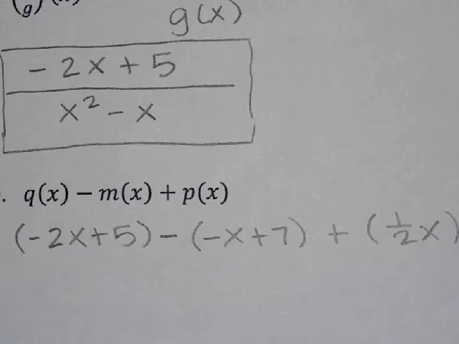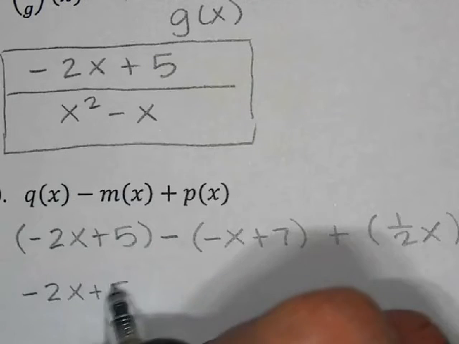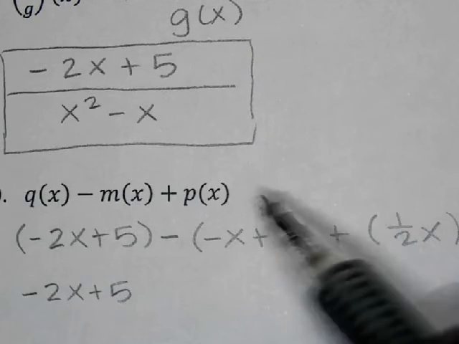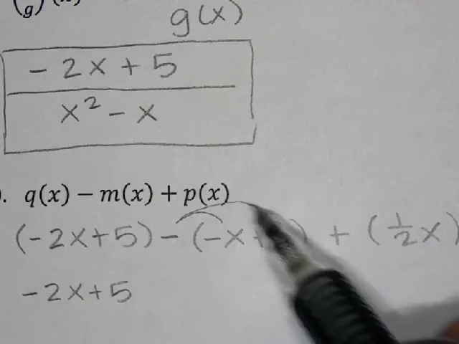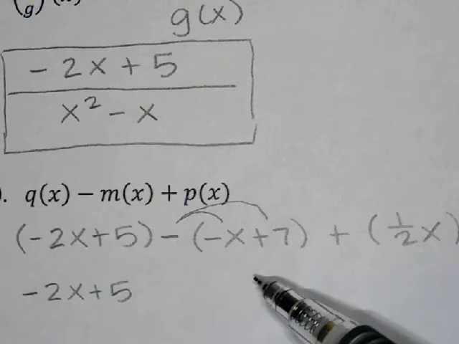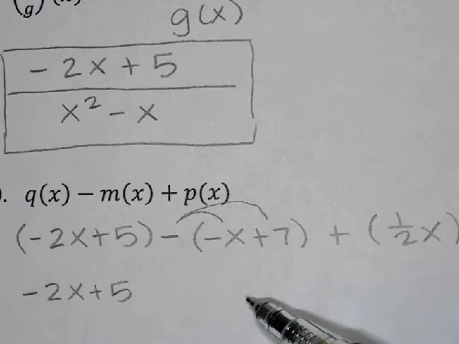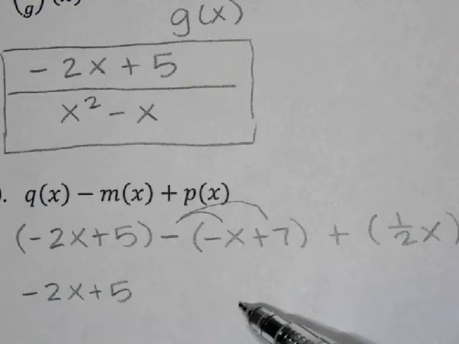I have to do something with the minus, right? Distribute the minus. So the first one I can just copy down. And then with the minus, I can distribute the minus. And then what do I get after I distribute the minus? Plus x minus 7. Okay.